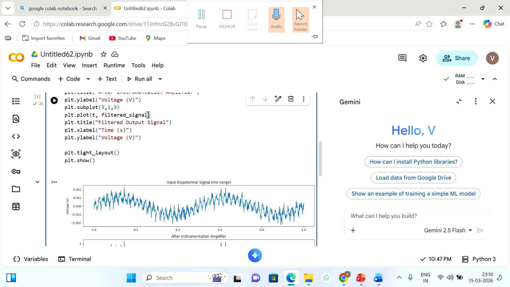So this filtered signal is nothing but the waveform only. The amplitude is mentioned in terms of voltage. And plt.title, the title filtered output signal is given, and then X label. So X label we know it is time in second. Y label, amplitude voltage.